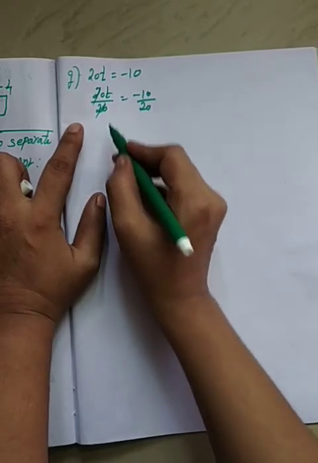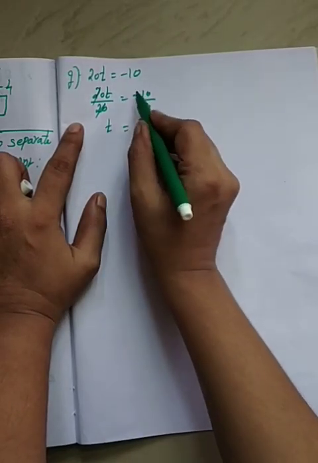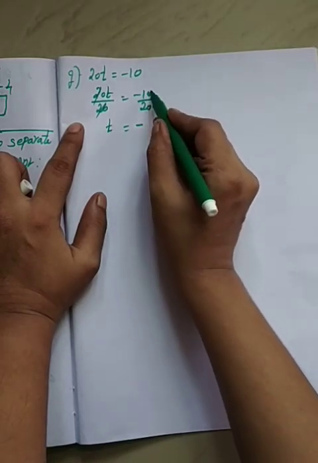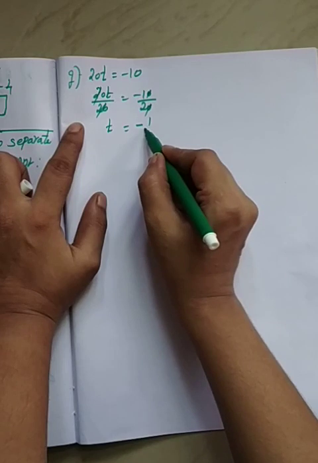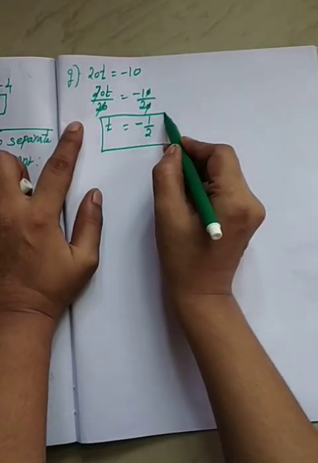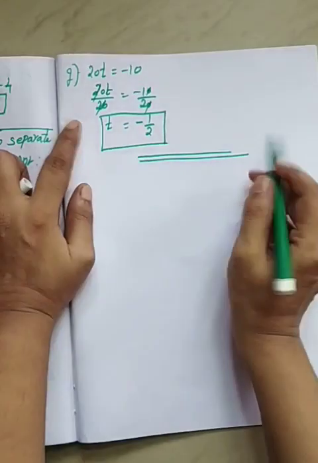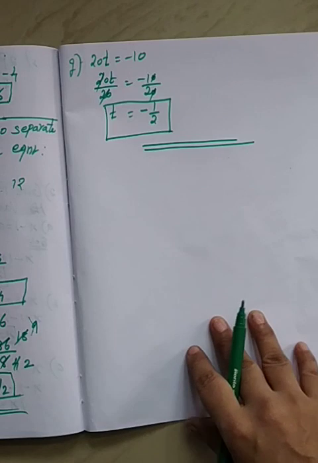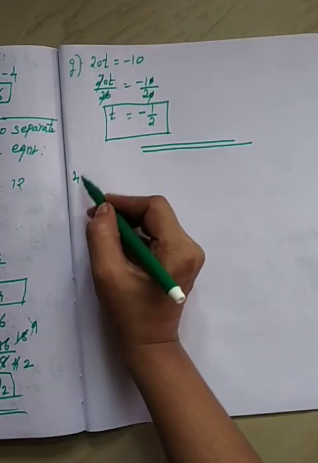Now you have to cancel the 20. You will get t is equal to, see here, minus is there. How many 10s are there? Simplifying this one, 0 0 cancel. So you will get t is equal to minus 1 by 2 is your answer. Clear? Now we have to move to the next problem.